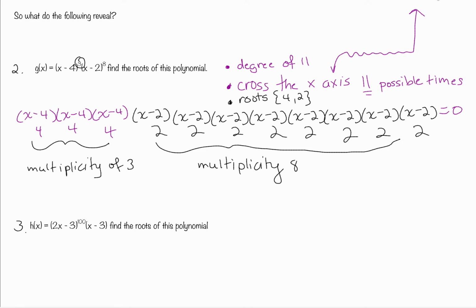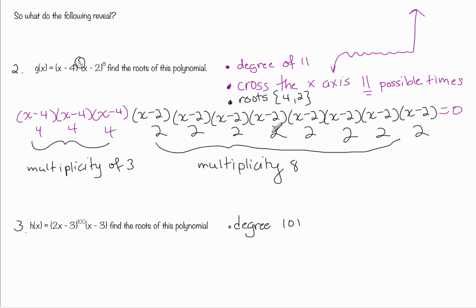So likewise for this third one, find the roots of this polynomial, find the zeros of this polynomial, find the x-intercepts of this polynomial. Well, it's pretty easy. First of all, careful. It has a degree of 101. We have this raised to the 100th power, this raised to the first, so it has a degree of 101.